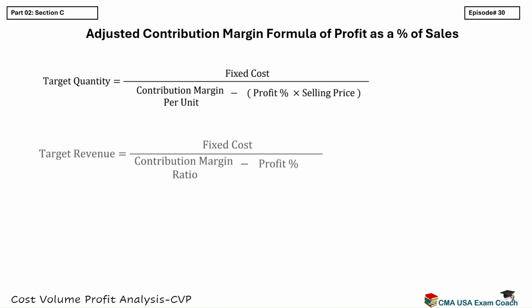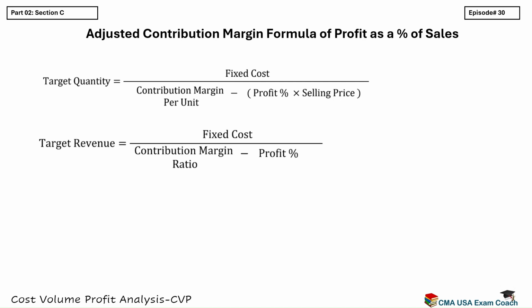Target revenue equals fixed cost divided by contribution margin ratio minus profit percentage. Again, here we are using percentages instead of unit-level amounts. The contribution margin ratio tells us what percentage of each dollar of sales is available to cover fixed costs and generate profit. If part of that is now allocated to profit, we subtract the profit percentage from the contribution margin ratio to get the adjusted contribution margin ratio.